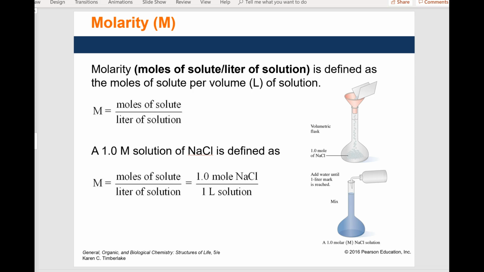And so we're still going to weigh out how much we're putting in, but we're going to go ahead and use the molar mass to convert that to the molar amount that we're putting in the measured volume of solution. And since it is a fractional unit, it's going to be moles per liter, we have a means of using this as a conversion factor. And that's where we'll pick up next time.